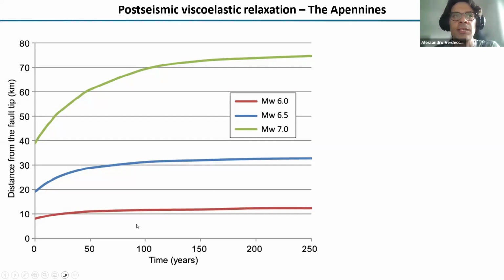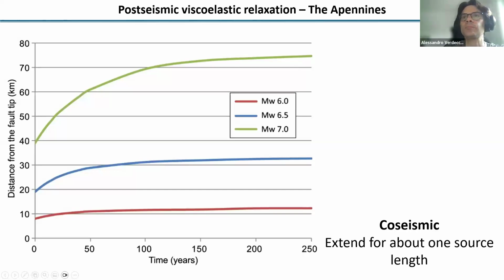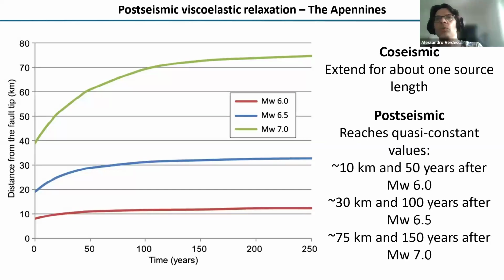You can see that the magnitude 6 basically doesn't travel so much. It doesn't reach longer distances. It increases by 10 kilometers with a magnitude 6.5, and by over 30 kilometers if we consider a magnitude 7. This is more or less what I just said.